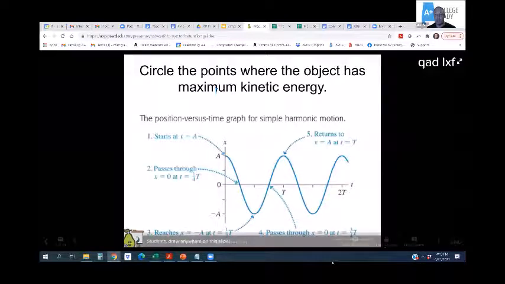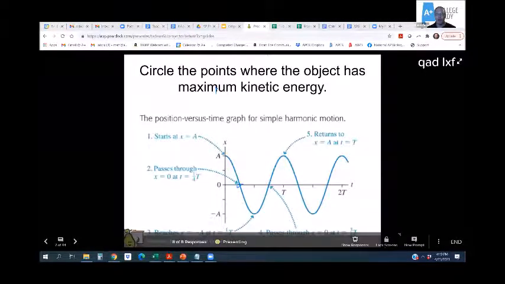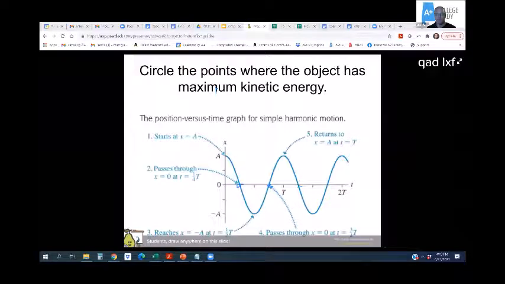So just like you guys saw, that would be right in here, right in here, and right in here. And that's true because velocity is a maximum there. The restoring force is equal to 0, the acceleration is equal to 0, but the velocity is at a maximum. And because K equals 1/2 mv squared, that means kinetic energy is also a maximum there. Kinetic energy is a maximum wherever velocity is at a maximum.